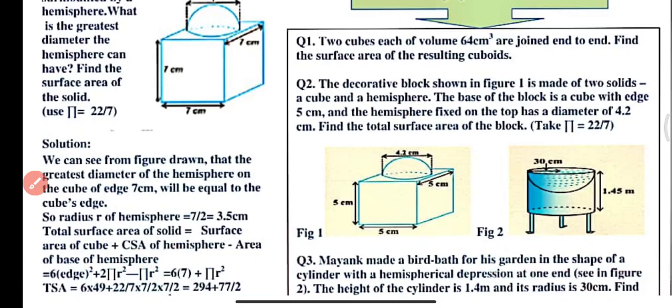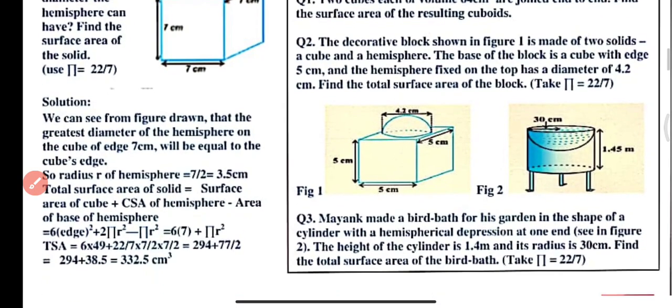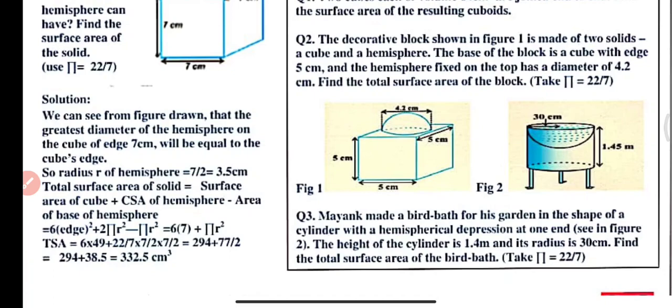So area of cube, that is 6a square, minus area of base of hemisphere plus curved surface area of hemisphere. So 6 into side square plus curved surface area of hemisphere, 2 pi r square, minus area of circular base, that is pi r square. So 2 pi r square minus pi r square becomes pi r square.